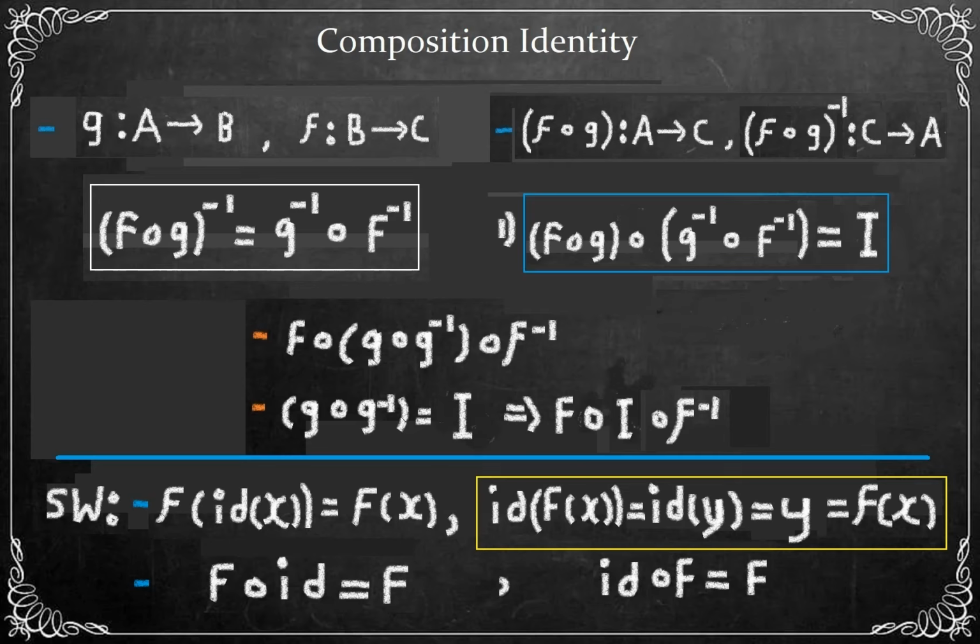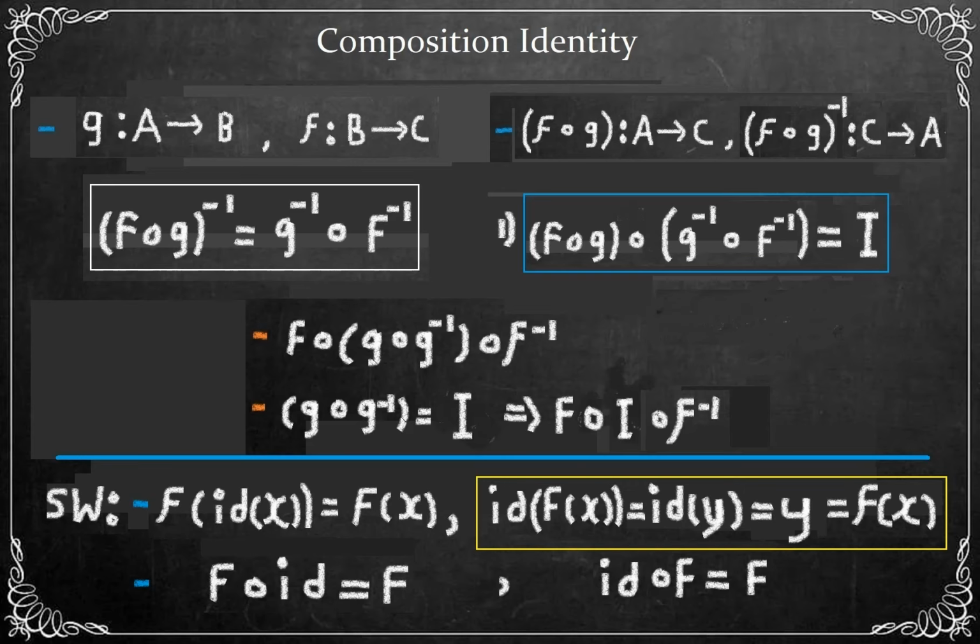Next, the yellow box. If we compose the identity function with another function f, it results in the identity function first acting on the output of f, which again leaves the output unchanged. To clarify, when we compose the identity function with another function f, the identity function acts on the entire output of f of x, because by the definition of the identity function, it returns whatever input it receives unchanged.